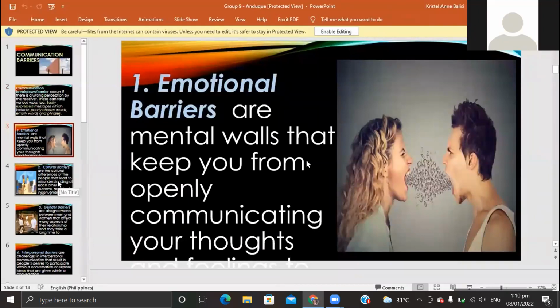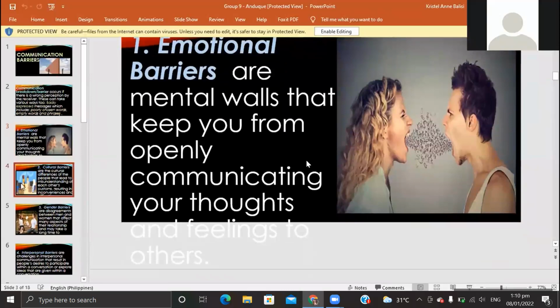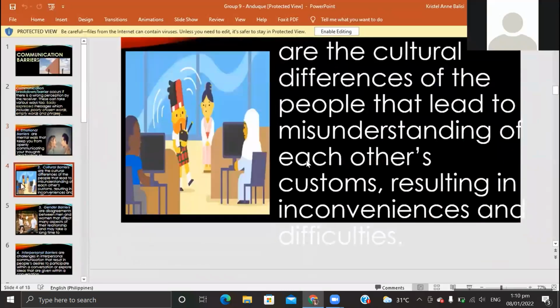Emotional barriers are the mental walls that keep you from openly communicating thoughts and feelings to others.